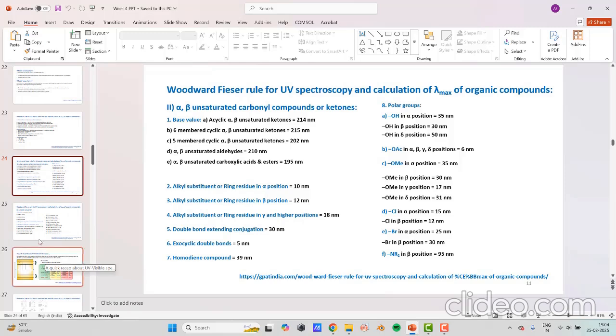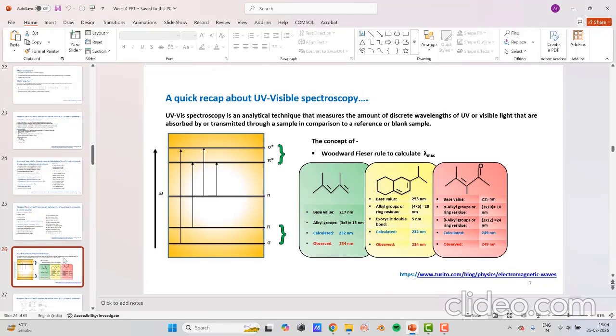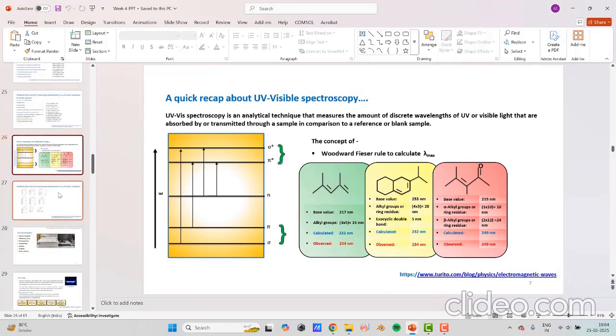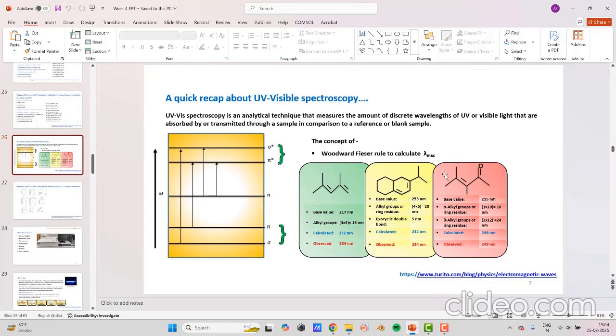My question is how you identified the base value. Sometimes by looking at the structure, we need to check the base. Here, how do you identify the alkyl group or ring residue?